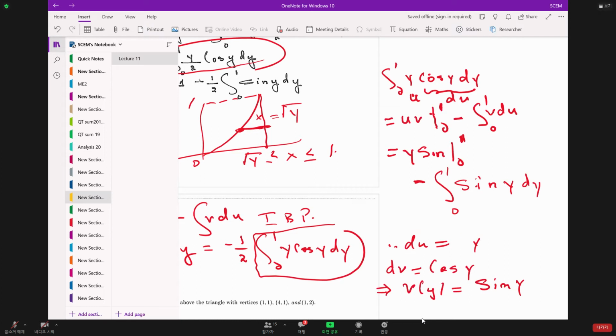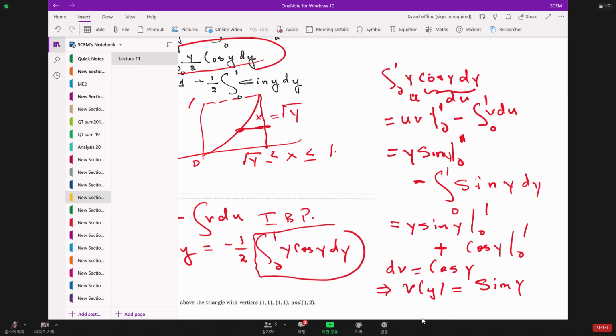So what you have is a straightforward integral: y sine y from 0 to 1, minus, now the integral of sine is cosine, but the derivative of cosine is minus sine, so I need a plus cos, because if you differentiate cos, you get a minus sine, exactly what we have here in the integrand.